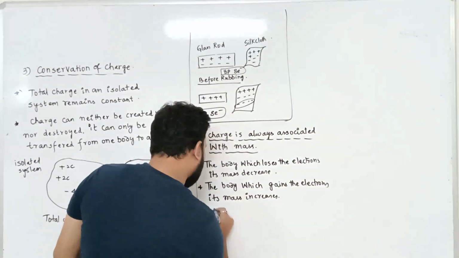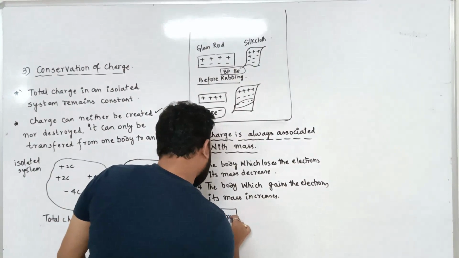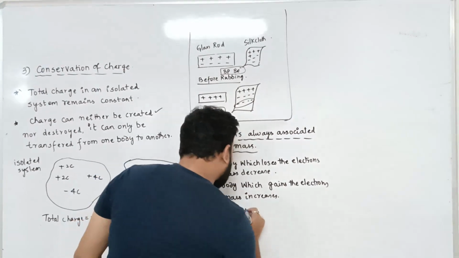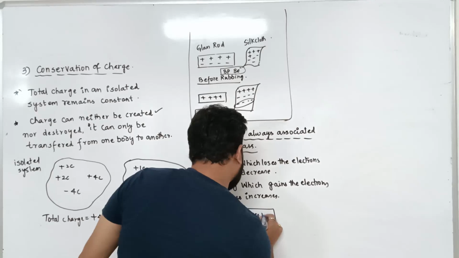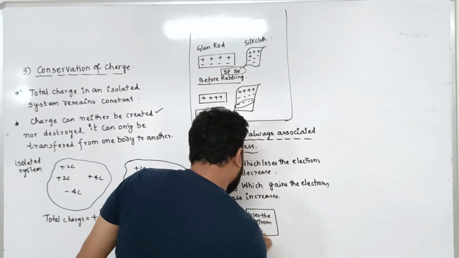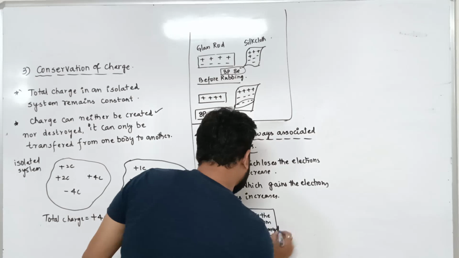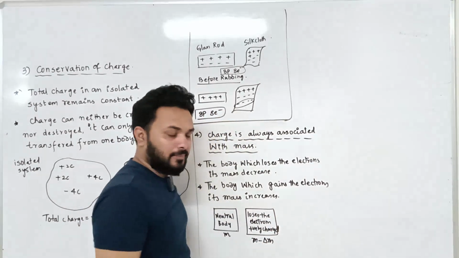Suppose this is a neutral body which has mass m. If the body loses electrons, इसका मतलब it is a positively charged body, and its mass decreases, m minus delta m.